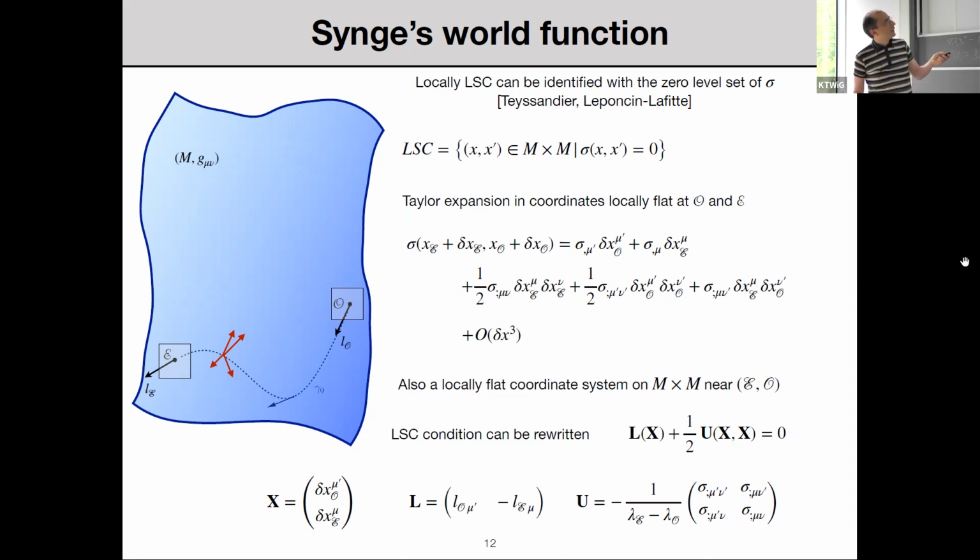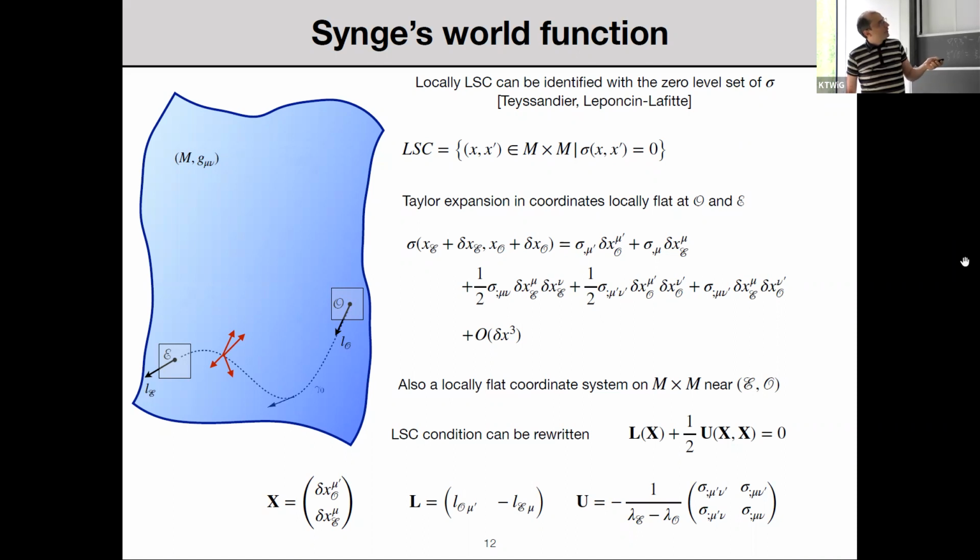They're connected by a null geodesic. There's a first order term, and there are quadratic terms, and I neglect the third order. And since these are locally flat coordinates in O and E, I can safely use covariant derivatives here instead of standard ones. It doesn't make any difference.